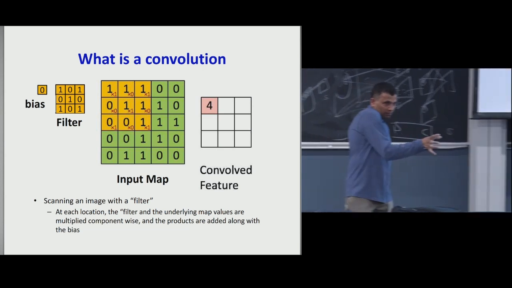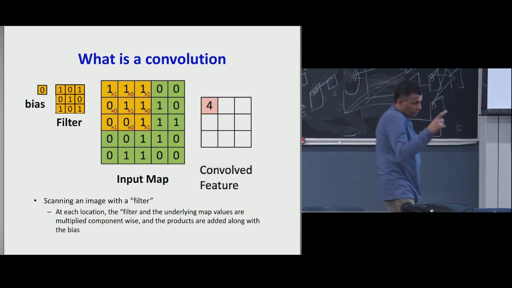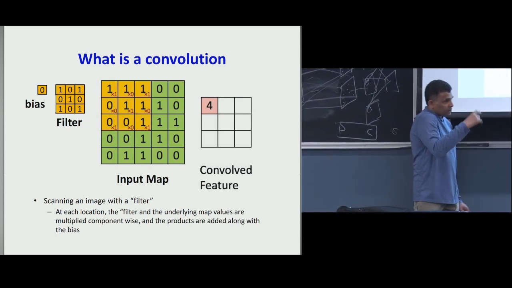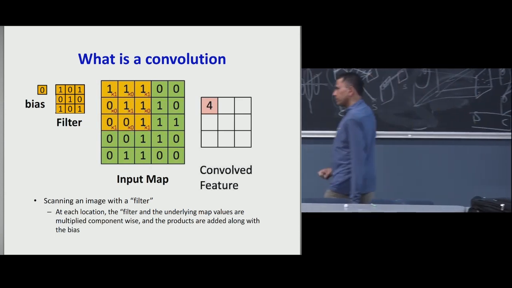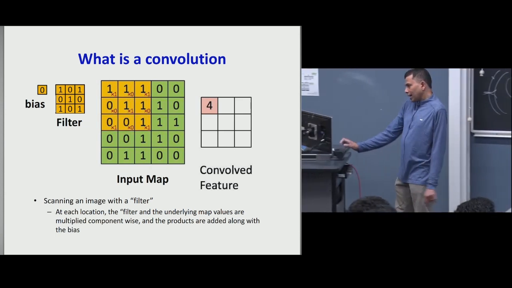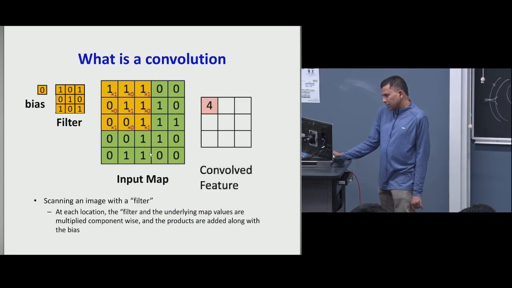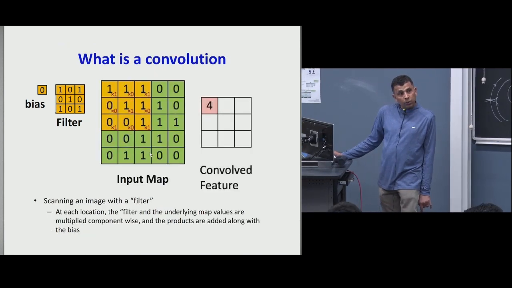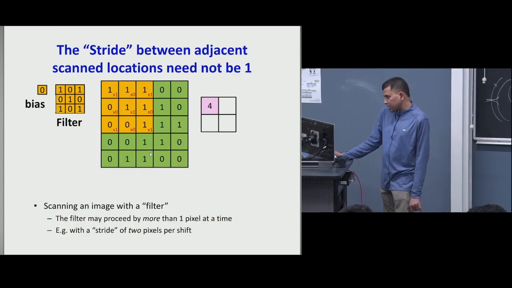Then you come back to the beginning, slide the filter down 1 pixel, and get a value. Then you slide it right 1 pixel, you get a value, and so on. Eventually you end up scanning the input. Now, the stride between adjacent positions doesn't need to be just 1 pixel. You could be skipping by 2.